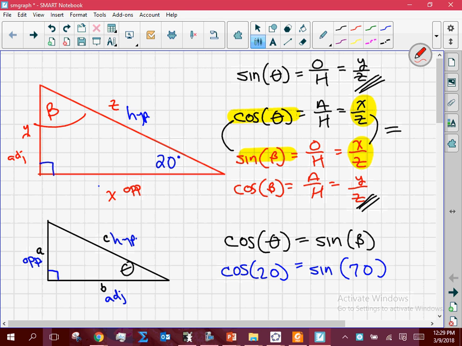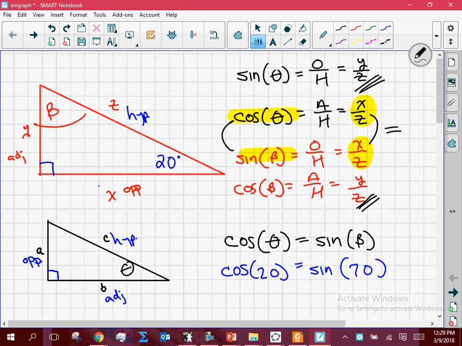First two letters are C and O, right? Sine and cosine differ by those first two letters of C and O, don't they? So that's the link that says when I'm dealing with a figure, a triangle, and let's say Cameron's going to use cosine of 20. Somebody else would use sine of 70 and get the same exact answer.